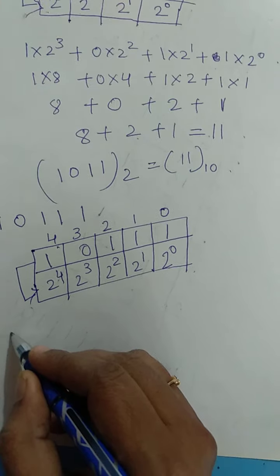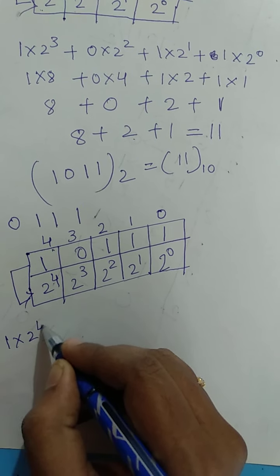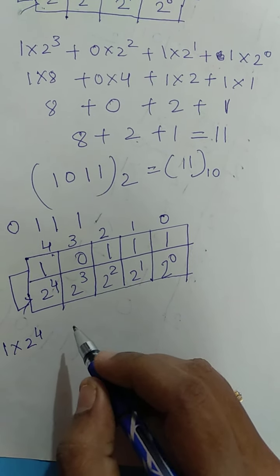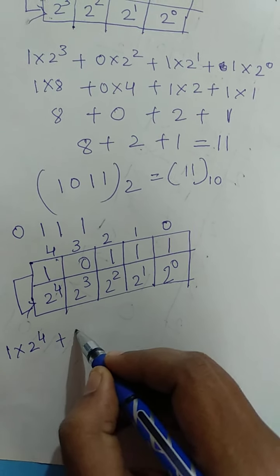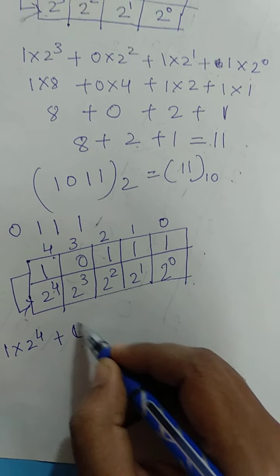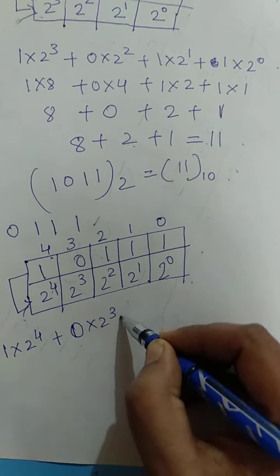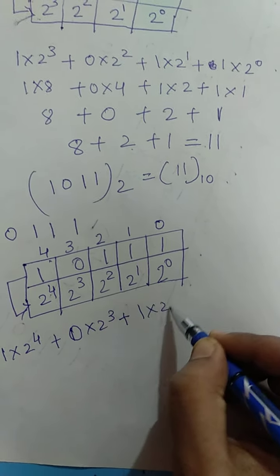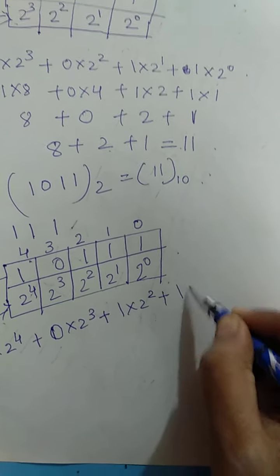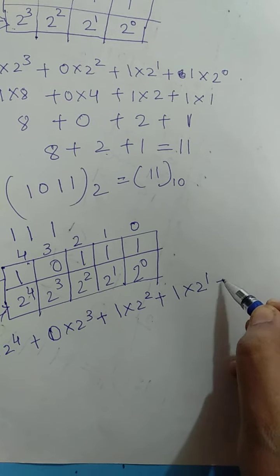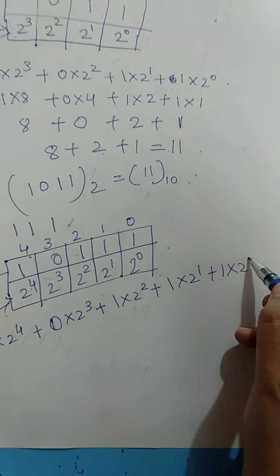So that is 1 into 2 raised to 4, plus 0 into 2 raised to 3, plus 1 into 2 raised to 2, plus 1 into 2 raised to 1, plus 1 into 2 raised to 0.